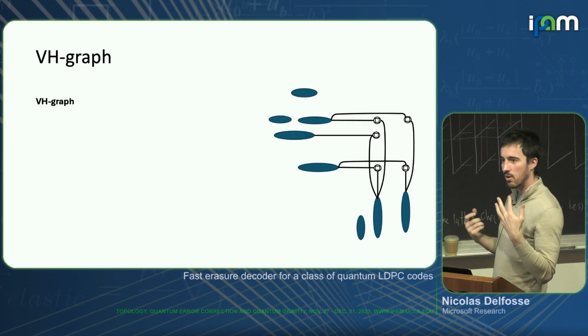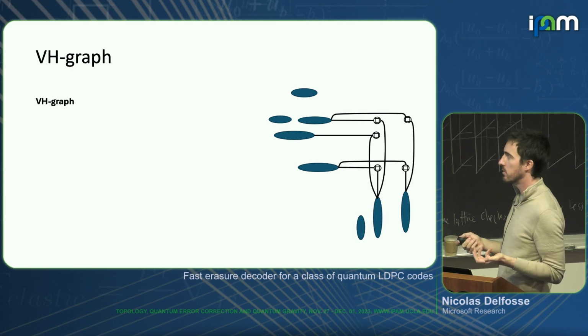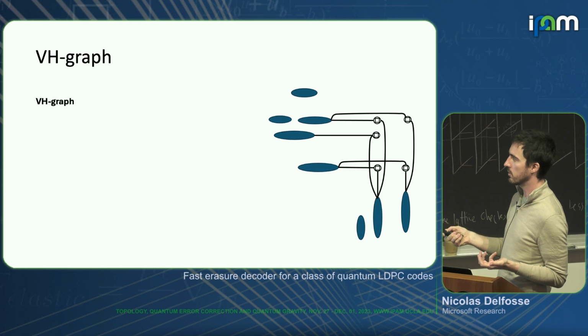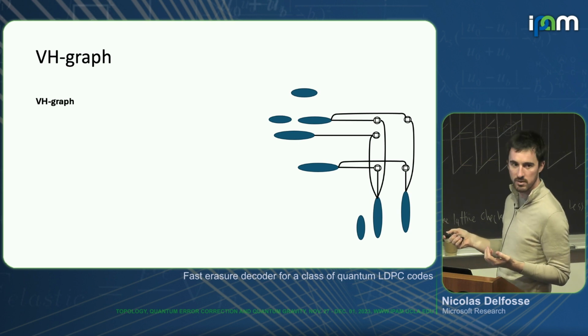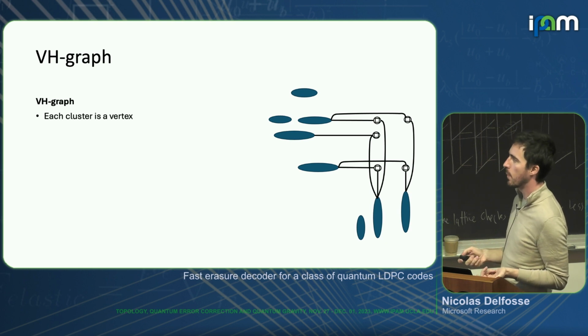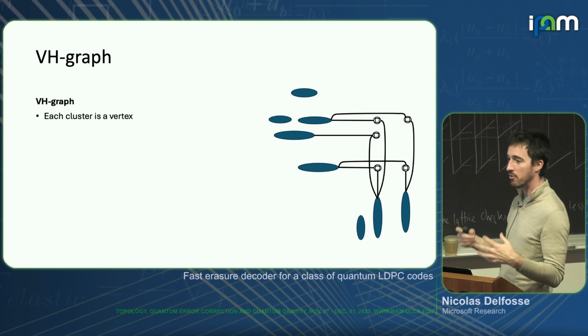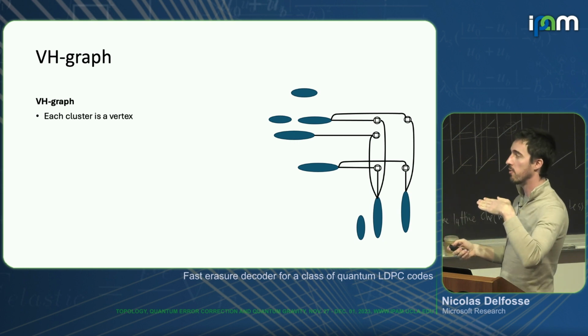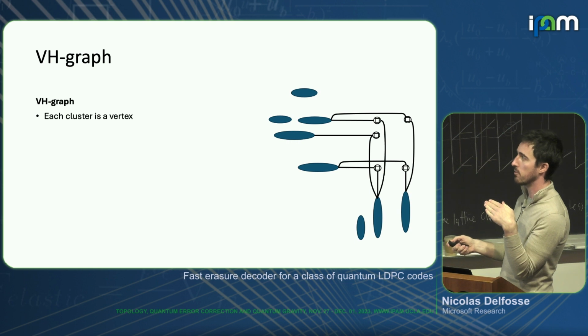OK, now our set of erased qubits looks like that. It's a bunch of clusters. There are horizontal clusters and there are vertical clusters, and they are connected through Z checks. And the main observation is that we can define a graph on top of this graph. So we move to a higher level of abstraction where each cluster is going to be a vertex.